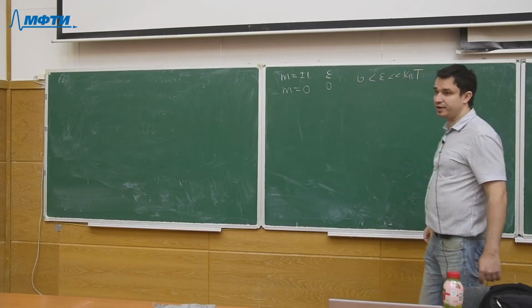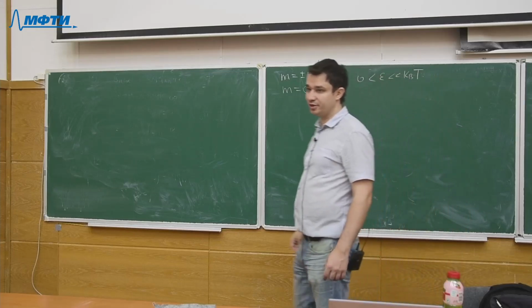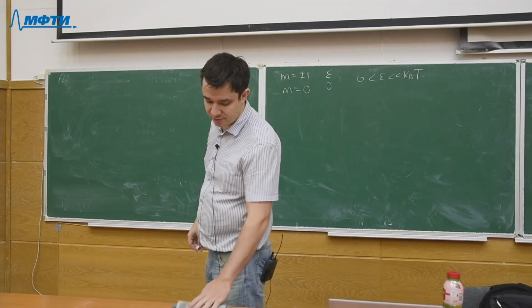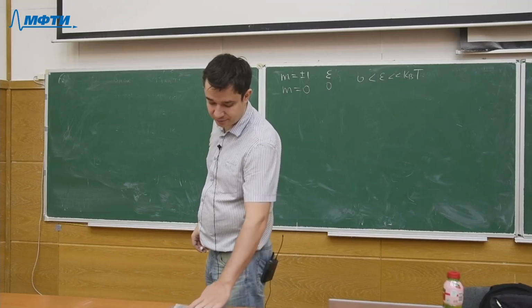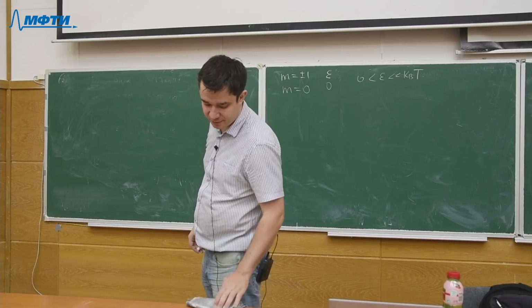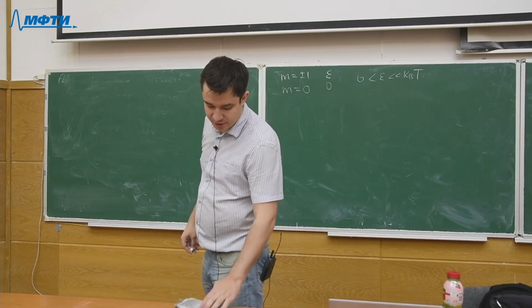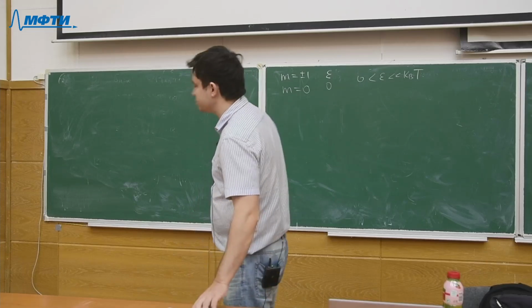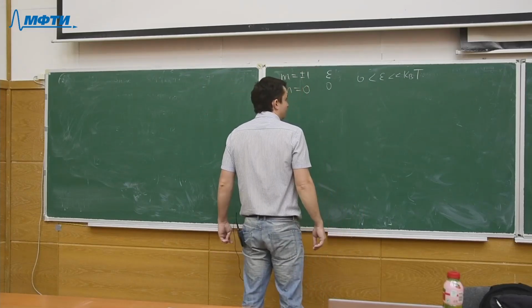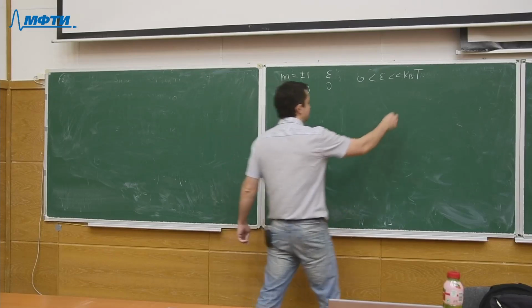Okay, so now we are going to do this calculation. Now we have a sort of a two-level system, which is actually a three-level system, but it can be considered a two-level system. First of all, well, we see there is some limitation here.